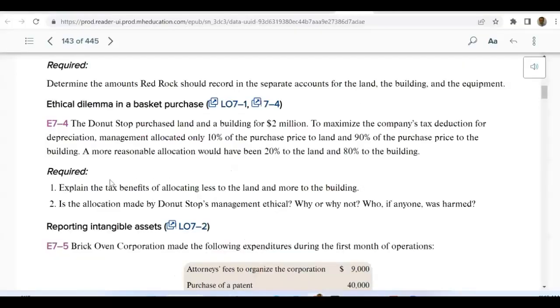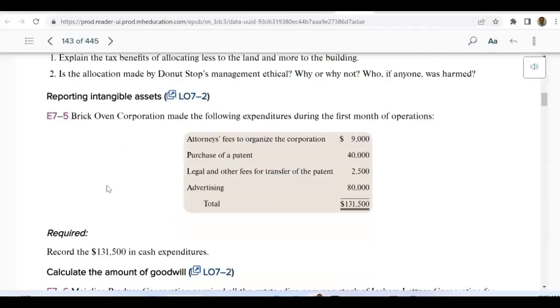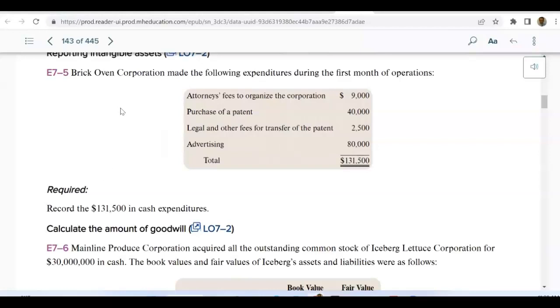Here we go. Brick Corporation made the following expenditures during the first month of operation. They paid attorney fees to organize the corporation, $9,000. Purchase of patent, $40,000. Legal and other fees for transfer of the patent, $2,500.